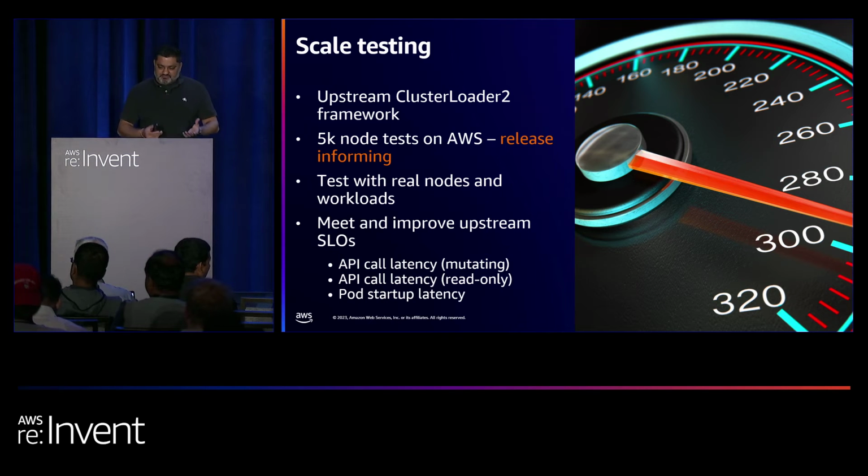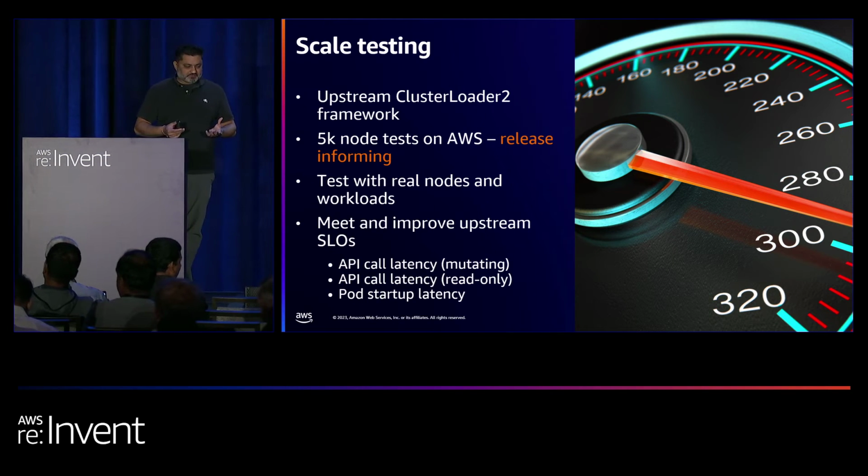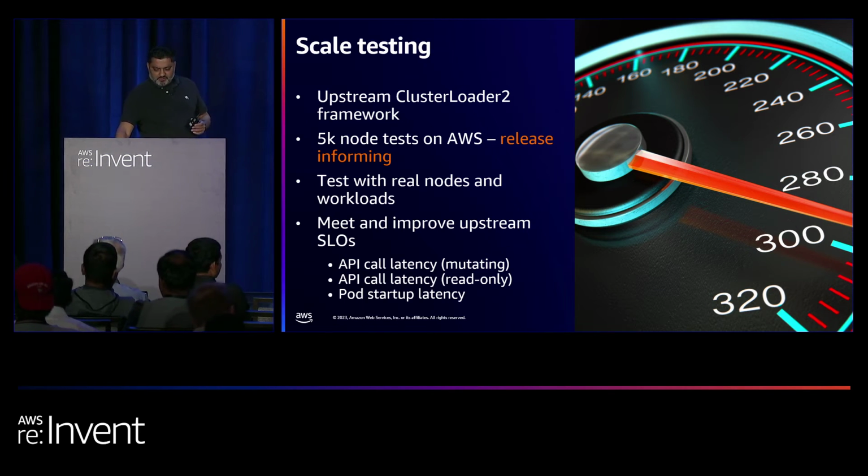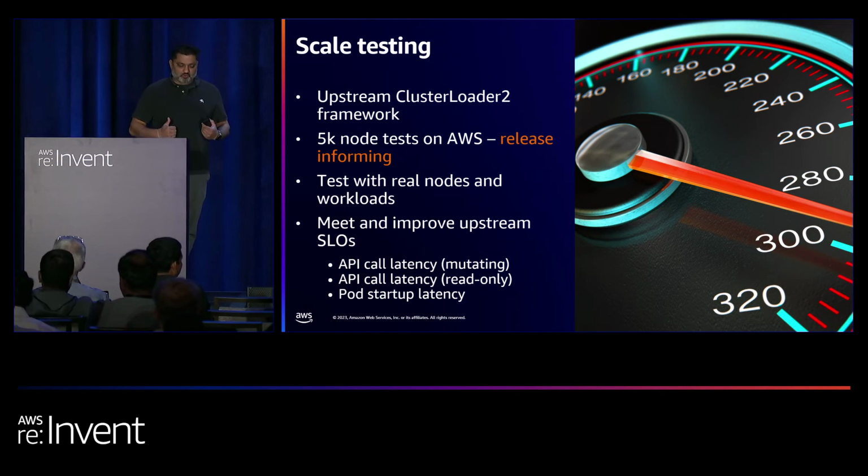So we also have upstream 5K node tests running on AWS, and these today are release informing. So they indicate to the upstream release team whether there are any performance regressions or not. We test with real nodes, as in real EC2 instances, and real customer workloads, instead of relying just on synthetic testing, which may or may not hide some issues.